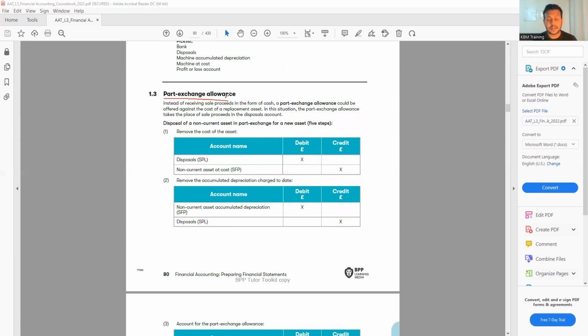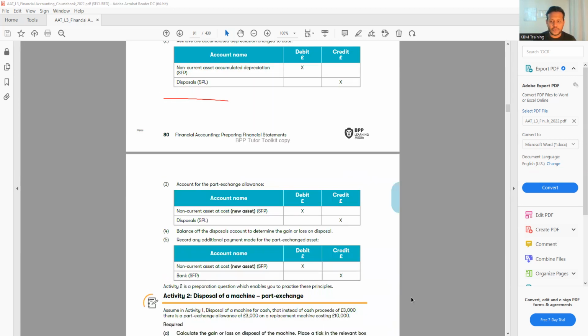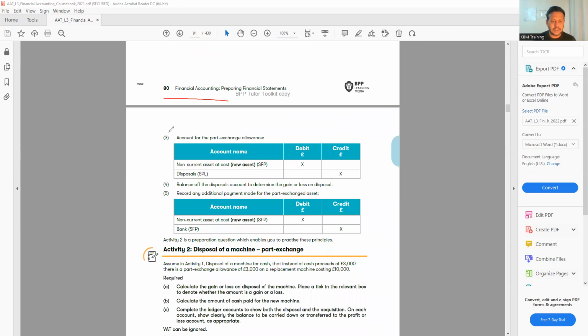And it is possible at the same time you have to pay some money as well, because maybe the new one will be expensive. So here, other things are okay, only the disposal here you can see with the part exchange. This time it is the new asset, because this time no money will come to the bank because we are not receiving any money, but we are receiving the new asset. So that's why you call it a new asset.